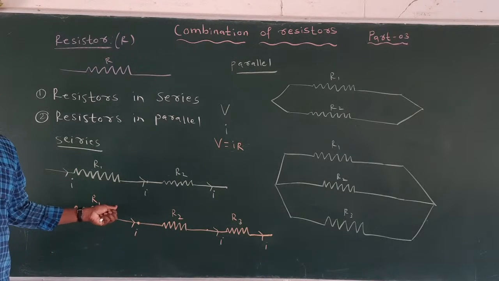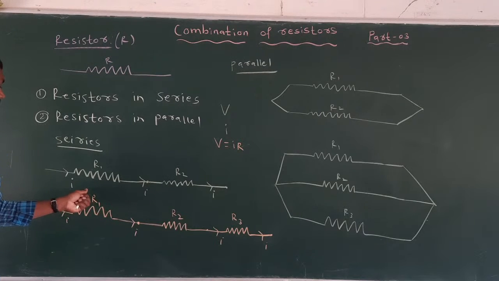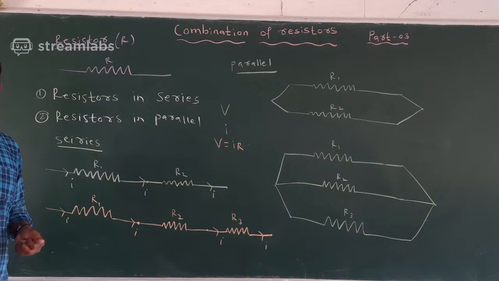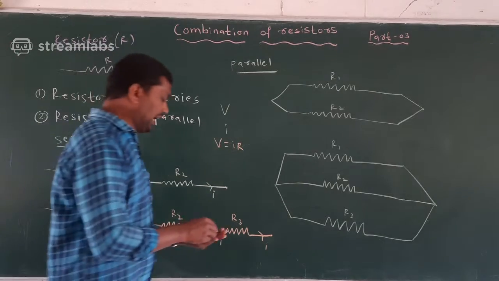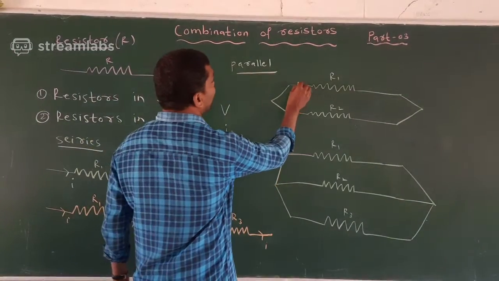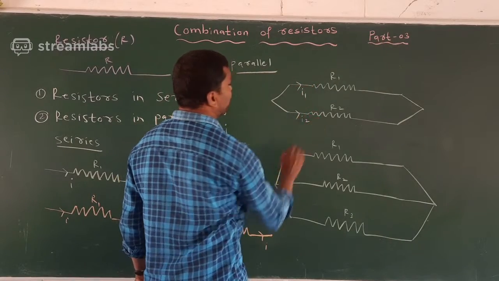In case of series combination, the electric current will be the same through all the resistors, but the potential difference is different. In the case of parallel combination, the electric current is different.